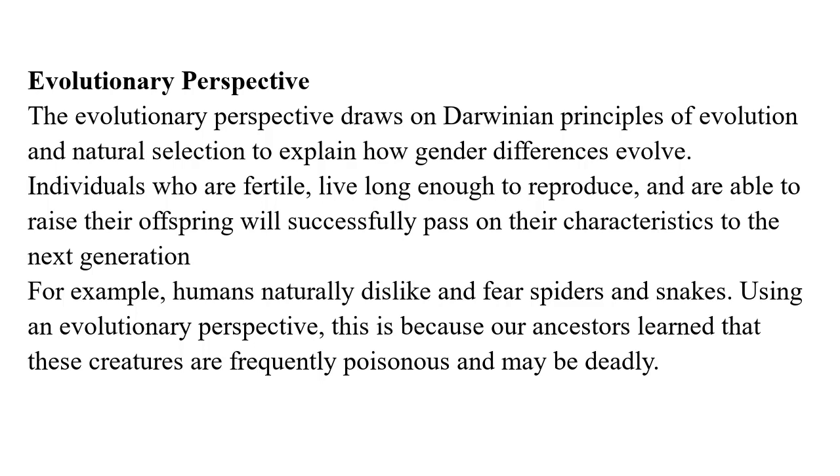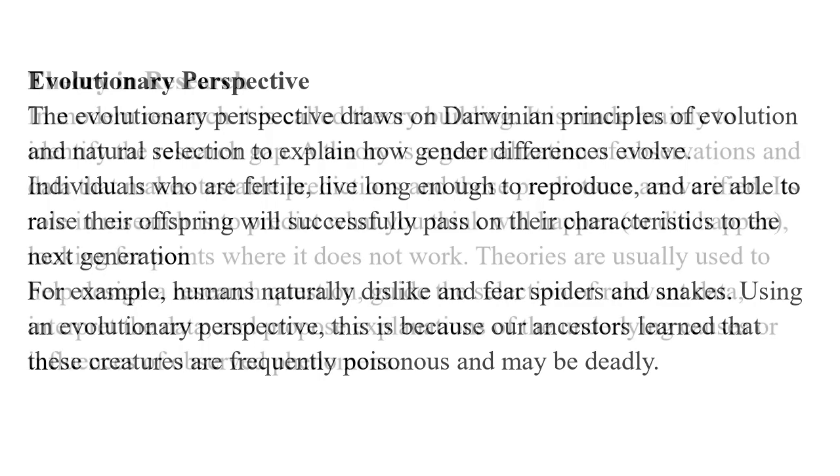For example, humans naturally dislike and fear spiders and snakes. Using the evolutionary perspective, this is because our ancestors learned that these creatures are frequently poisonous and may be deadly.